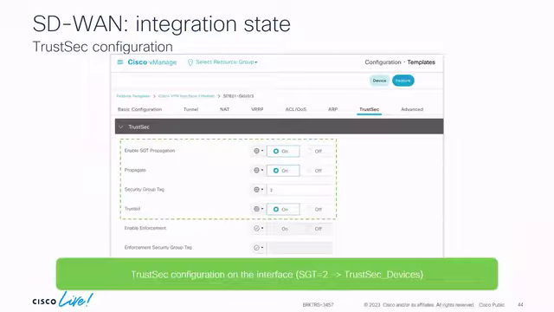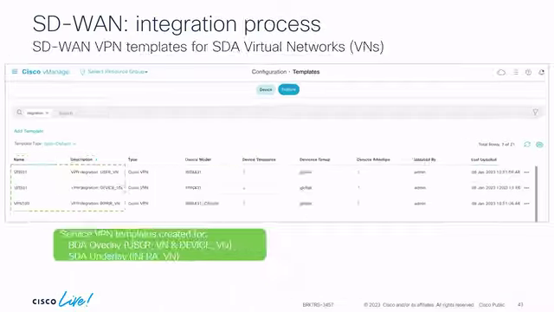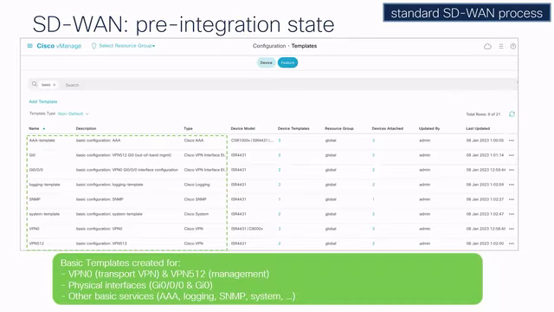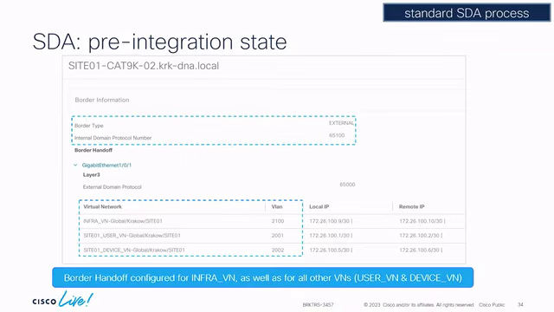The mapping is basically, from SDA perspective, this is where you do the mapping. So you can see the mapping. This is between the virtual network and the VLAN. So this is handing off towards SD-WAN.